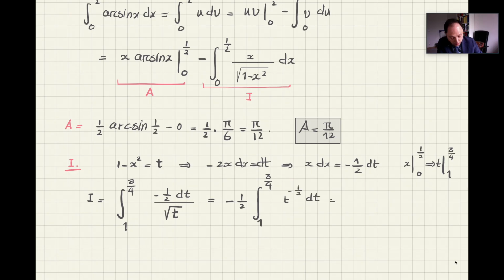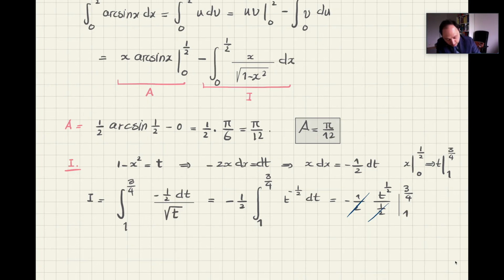Then this is a famous integral, so it becomes t to the power of 1 unit more, 1/2, divided by 1/2, and then it goes from 1 to 3/4. But this 1/2 here and this 1/2 cancel.